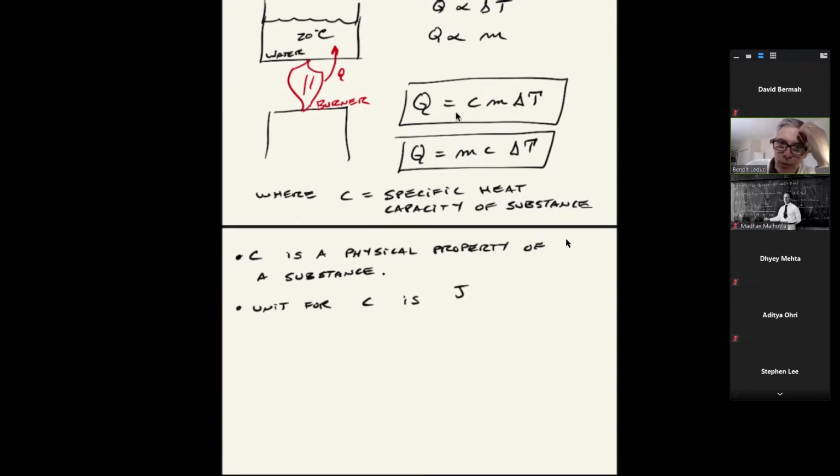So this is in joule. This is in kilogram. This is in Celsius or Kelvin, but we'll put it in Celsius. So it's joule per kilogram times Celsius. Okay, so that's the unit.